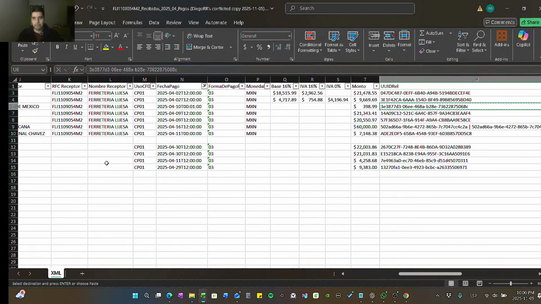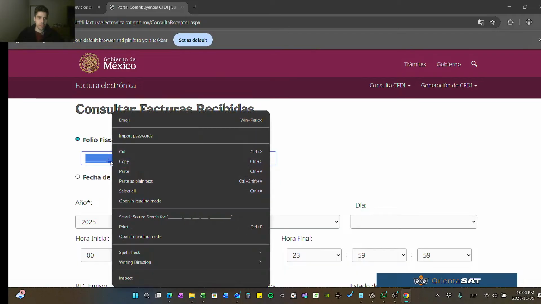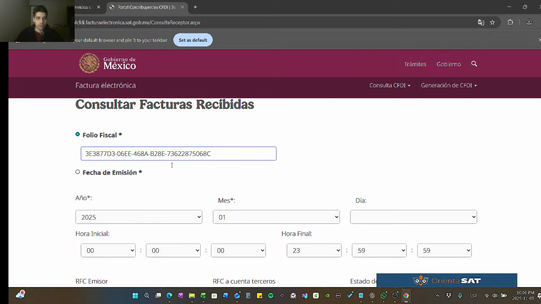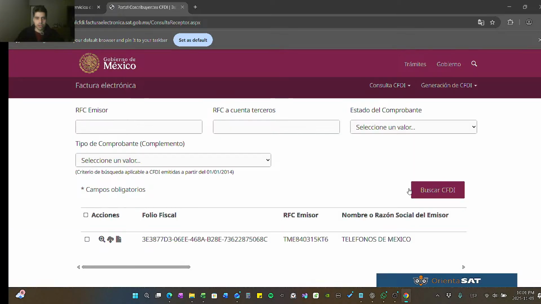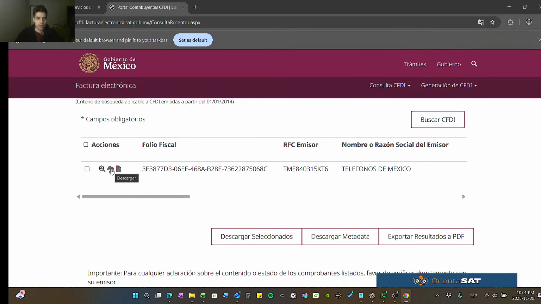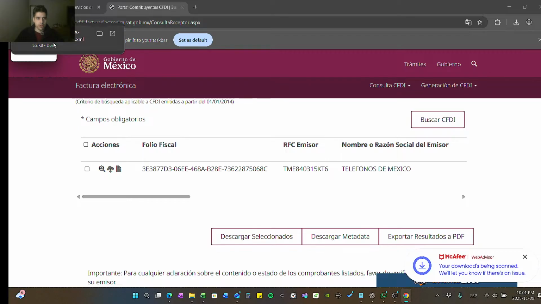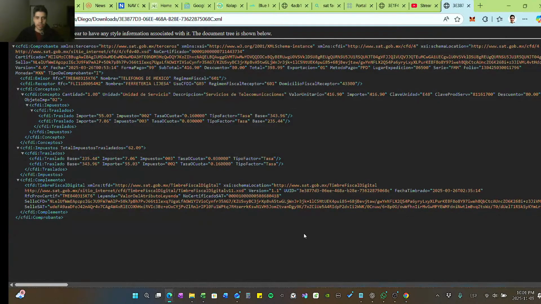So we copy, we paste the unique ID identifier for this specific invoice right here. Okay. Alrighty. So this is the XML, aka invoice.